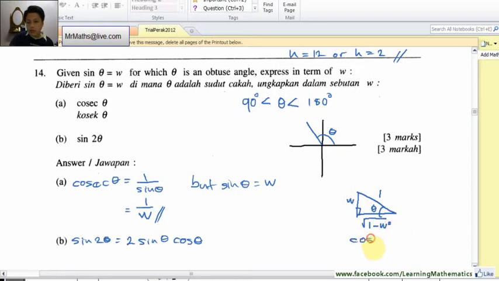Then cos theta is square root of 1 minus W squared over 1. So let's just not write over 1 there.